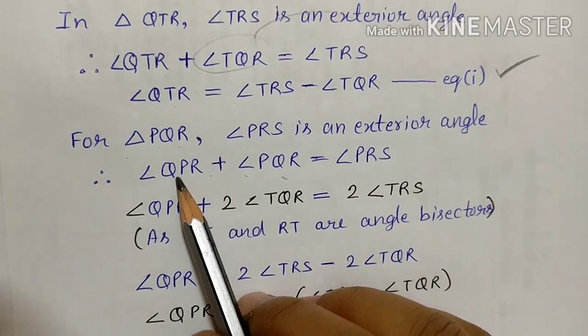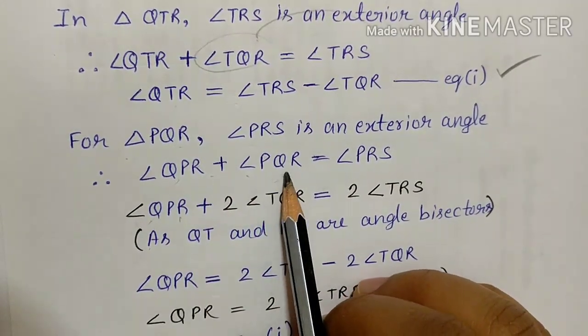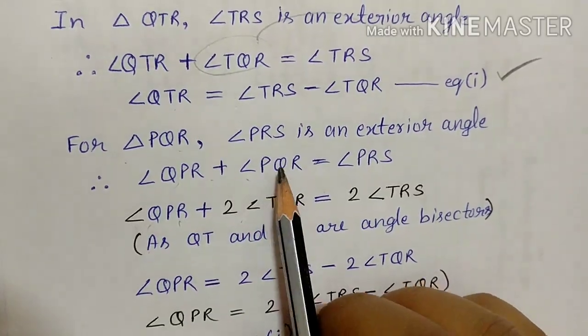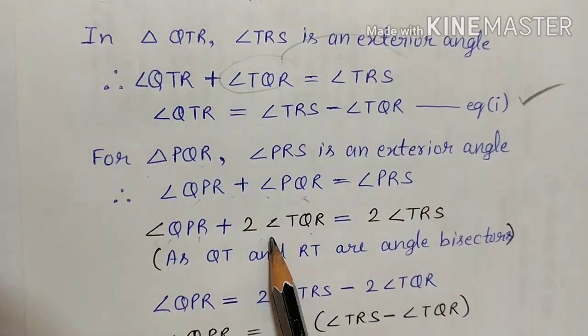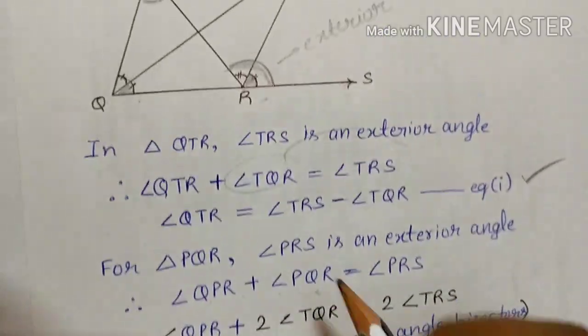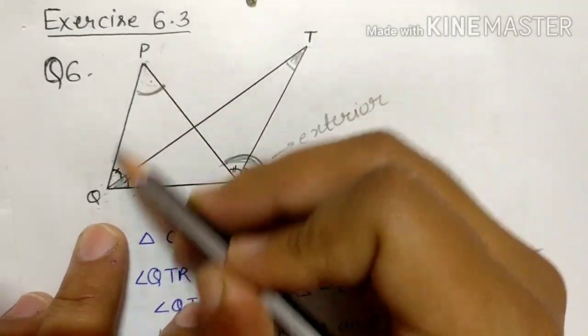Now angle QPR plus twice of angle PQR, we are writing twice of PQR. Why? Just check here. In place of PQR we are writing twice of angle TQR, as we have seen that QT is the bisector of angle PQR.